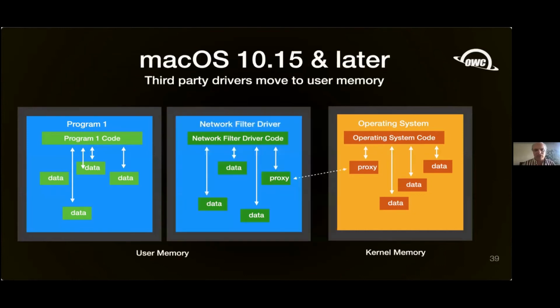The driver then talks to a proxy that behaves like that part of the kernel that it needs to talk to. So the cool thing is Apple requires a provision for each driver writer saying, I'm going to talk to this piece of hardware. I'm going to talk to this network interface. I'm going to talk to this file system interface.